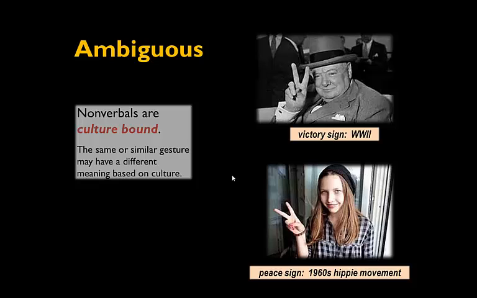The girl below, I'm pretty sure, is not intending to convey any World War II related meaning. Okay, she's using it as peace. That is the sort of the gesture that came out of the 1960s hippie movement. She's flashing the peace sign. Okay, so again, that can make it a little confusing because our nonverbals are culture bound.